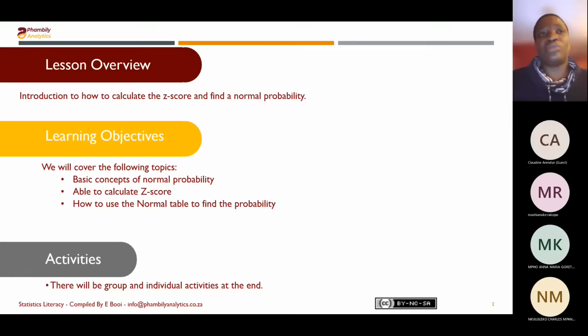You should be able to calculate the Z-score and also interpret the values of your Z-score. And also we should be able, by the end of the session, to know how to read the normal table to find the normal distribution probability. There will be some activities right at the end of the session, just to give you an idea of the types of questions you get in your assignment as well as in the exam.